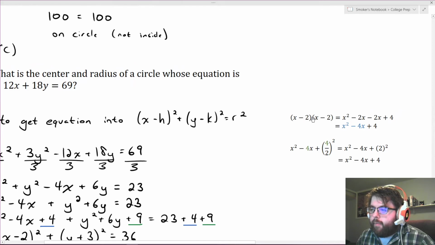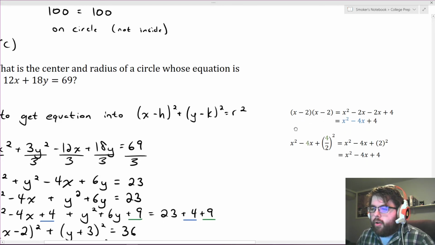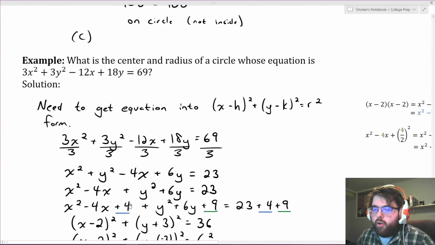Again, this is the same as x minus 2 times x minus 2. So whatever you use before you square it, that's what you're going to use here. So here, 3 is what we get when we have 6. 3 squared is 9. We're going to put in here that half before you square it, y plus 3. So hopefully that makes sense.